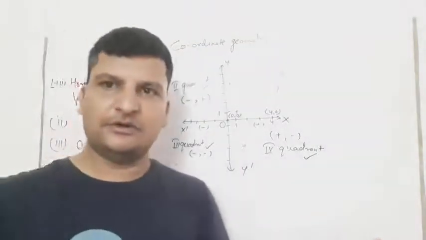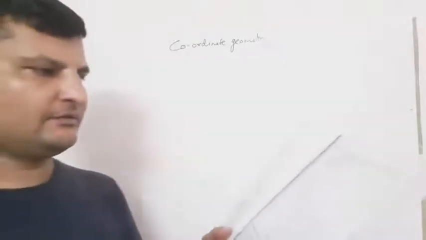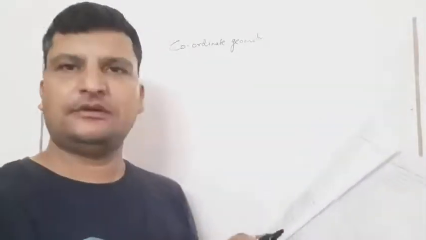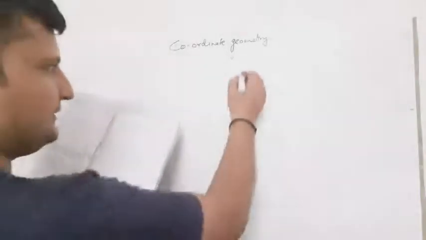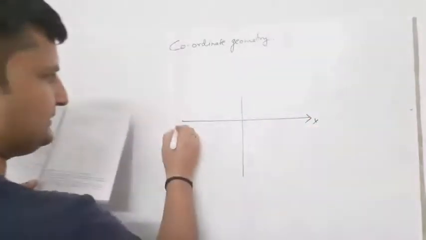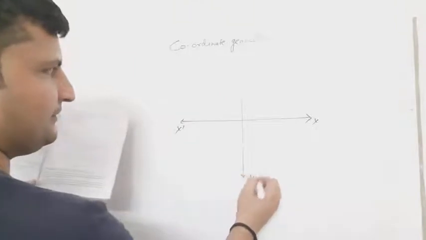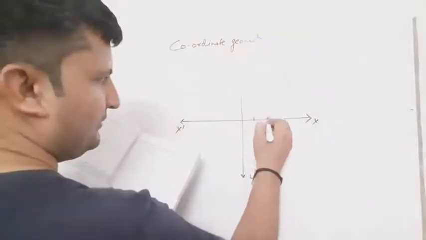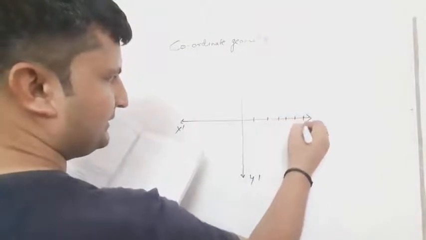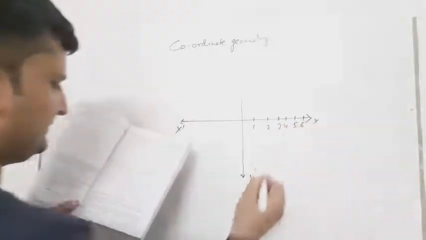And in question number 2, we have to draw a diagram given in your book, you can see it also. So we can make a diagram like this. Similarly, this is the y-axis, this is the x-axis. The x-axis and y-axis are given. Now mark 1, 2, 3, 4, 5, 6.